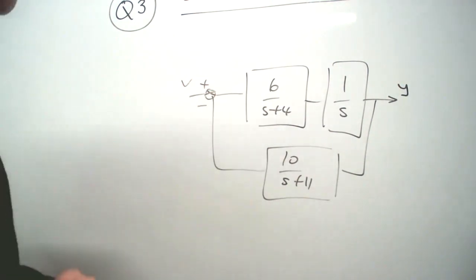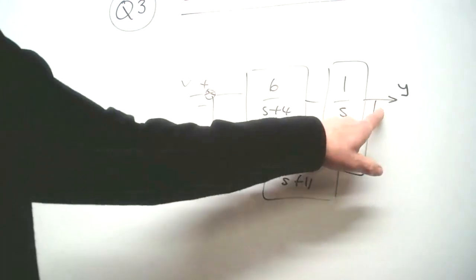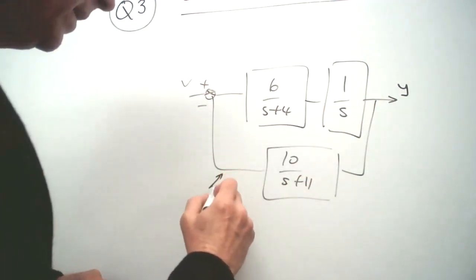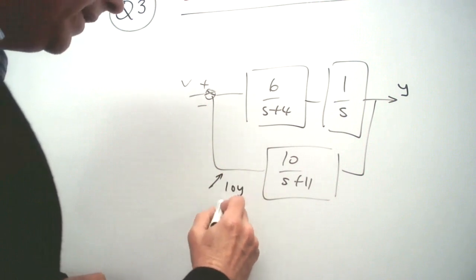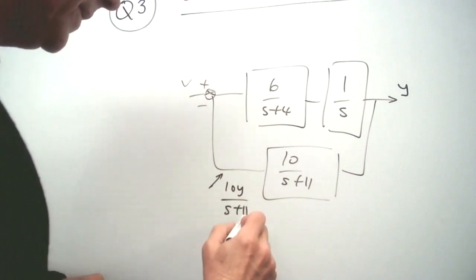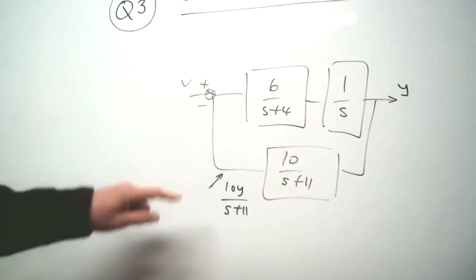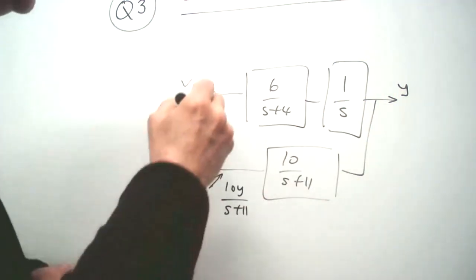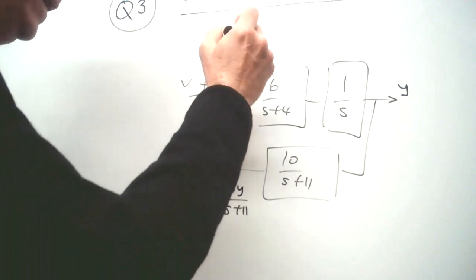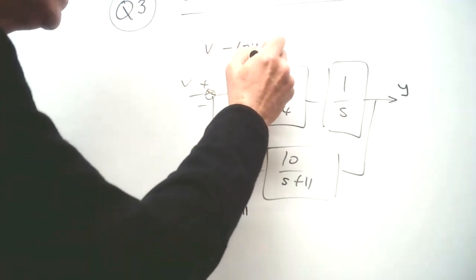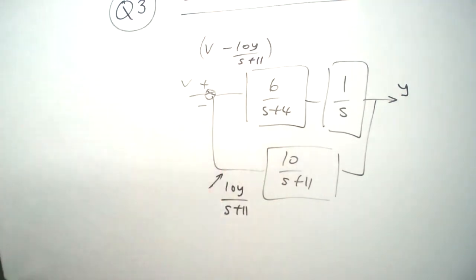So we have to do block diagram reduction on this. We'll start off on this side. This signal here is 10y over s plus 11, because this is that times that. And this signal here is v minus 10y over s plus 11.